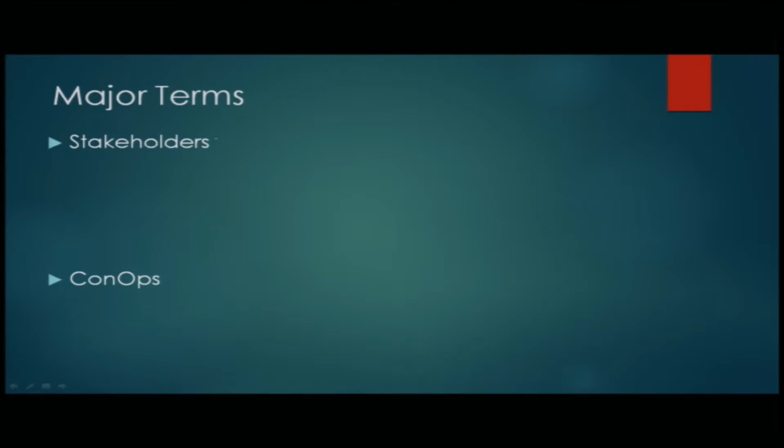So, who is a stakeholder? A stakeholder can be a group or an individual. I apologize for my spellings; you can come up with the correct spelling. It's a group or an individual. And what are the characteristics of them?